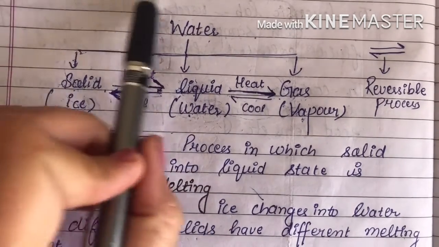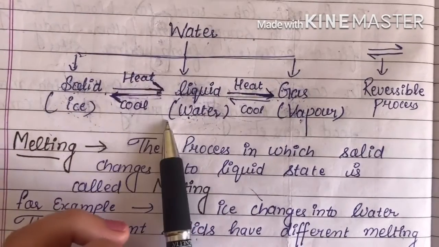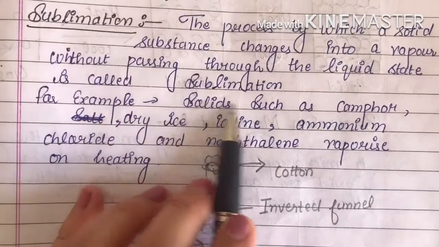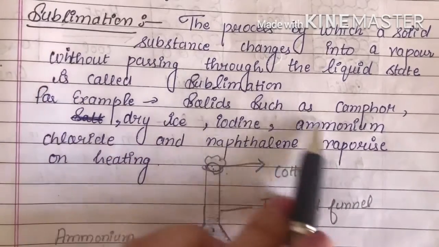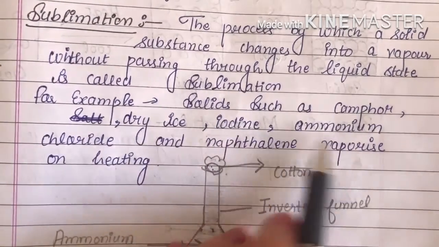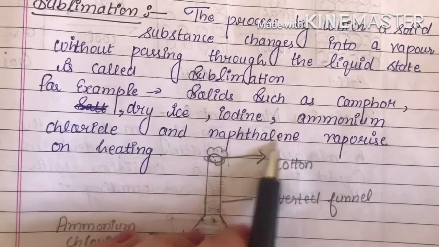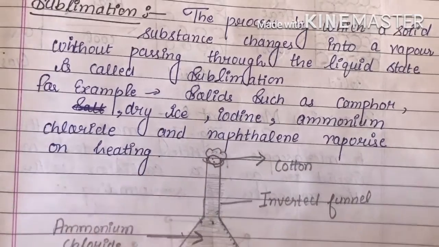Solid directly changes into the gaseous state without passing through the liquid state. So this is the process of sublimation. Here are examples of solids used in the sublimation process, like camphor, dry ice, iodine, ammonium chloride, naphthalene. These solids are converted into vapor form on heating.